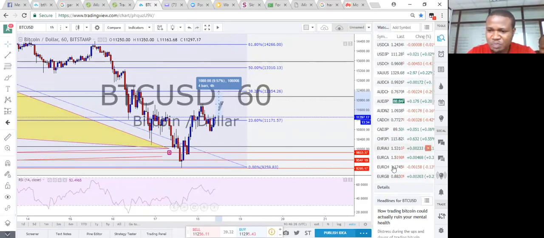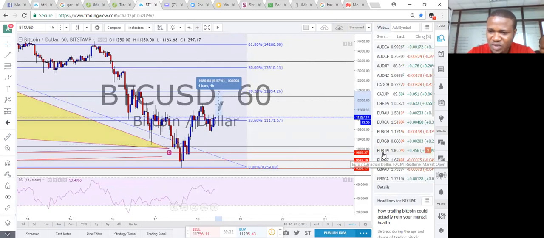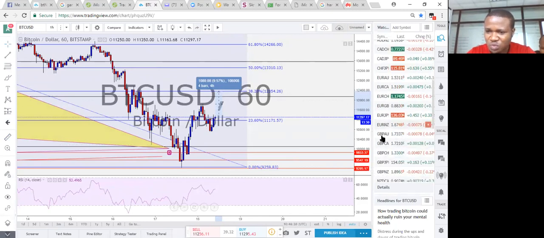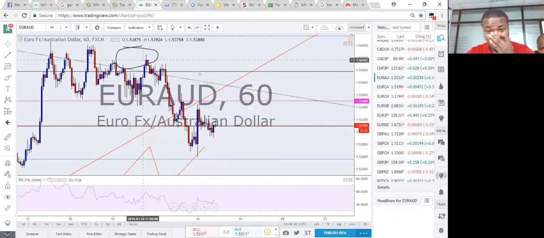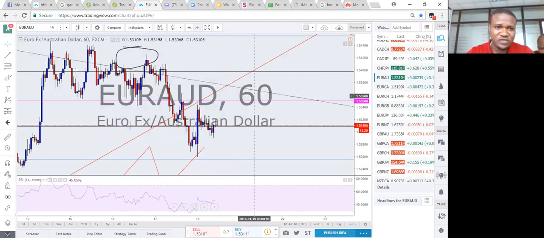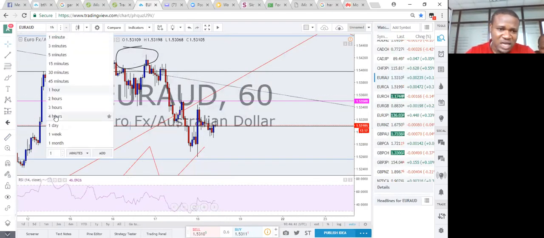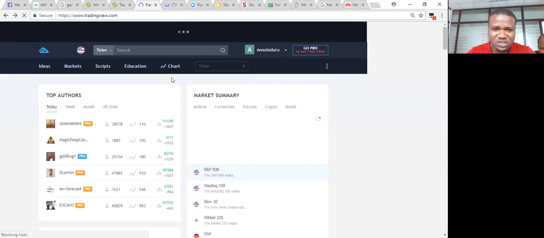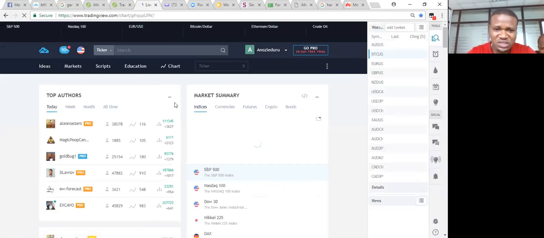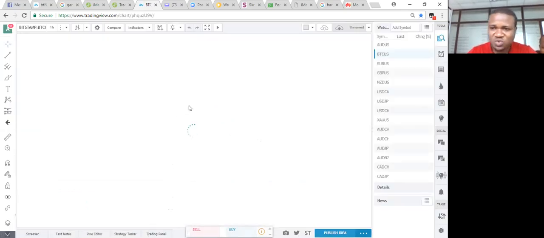Euro AUD is still playing out the way we anticipated, still giving us our downward movement. If you are in this trade, one other beautiful thing about Euro AUD is that if you are selling it, I have noticed you are earning swap, not paying swap.